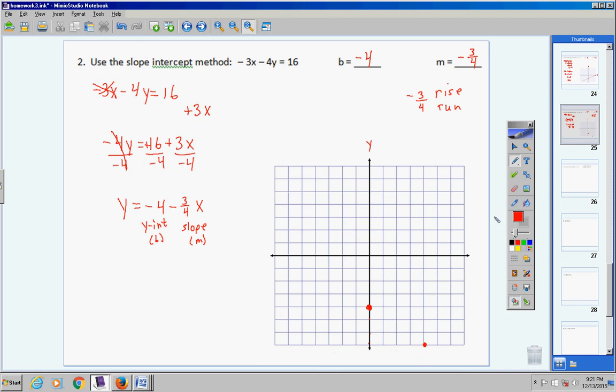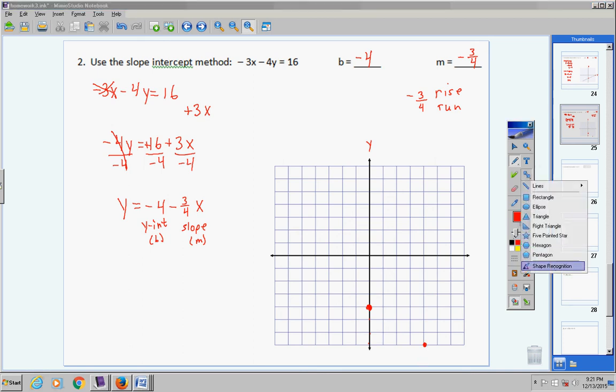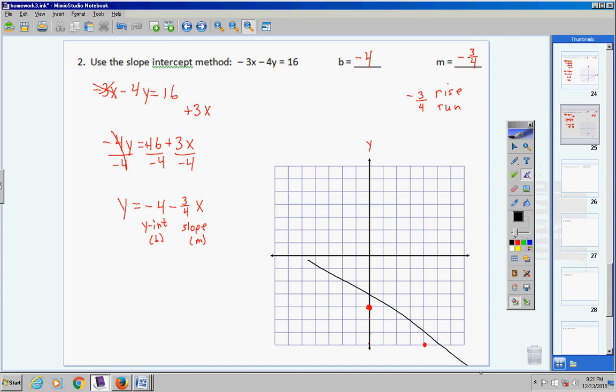And there's your line, okay? Pretty simple, not too difficult. We draw the line, okay? And there it is.